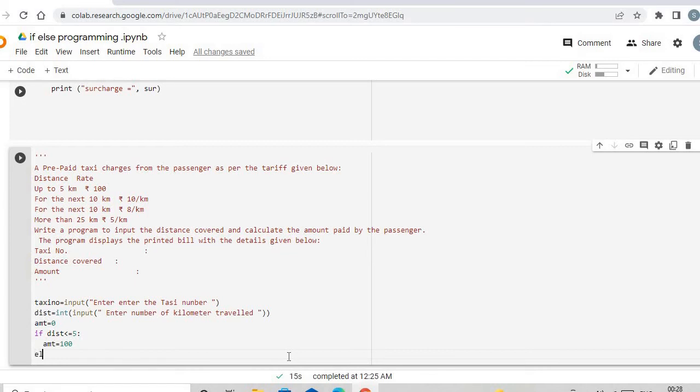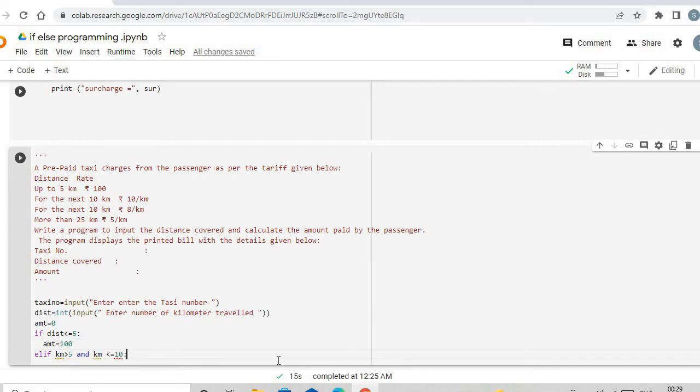Next, elif. What condition do you have to mention? The condition needs to be for the next 10 kilometers, after 5 kilometers. It means dist greater than 5, because we have already calculated the first 5 kilometers, and dist less than or equal to 15 kilometers.